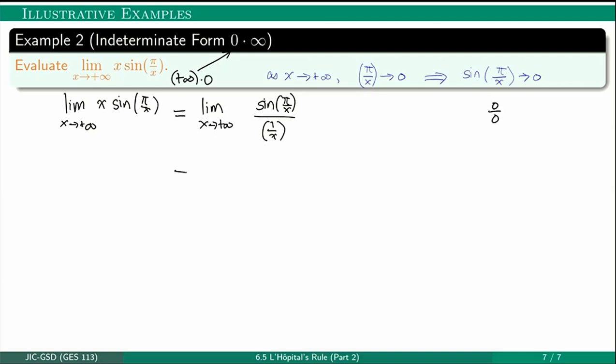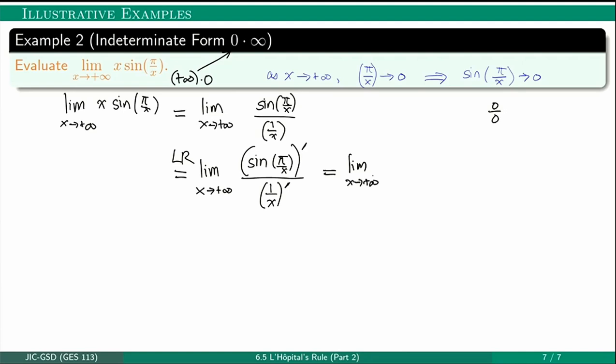So I can apply L'Hopital's rule. L'Hopital's rule says I will take the derivative of my numerator divided by the derivative of the denominator, and after taking these derivatives, I will take the limit as x approaches positive infinity.